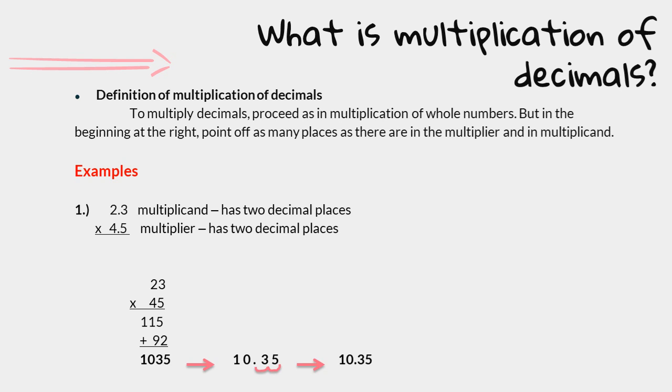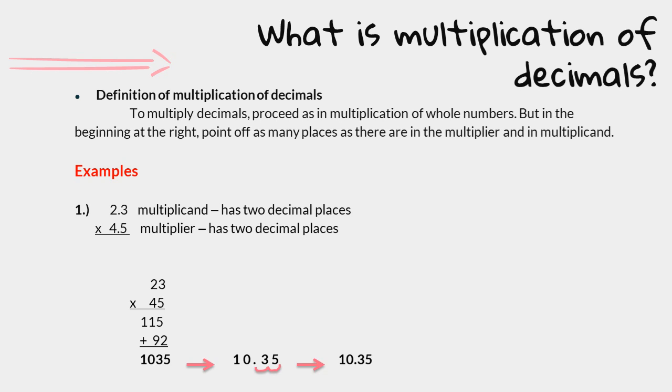Sabi ko nga po kanina, i-disregard na natin yung decimal point sa ating given. Meaning, alisin muna natin sila. Yung 2.3 ay magiging 23 muna siya and then yung 4.5 ay magiging 45 muna po siya.